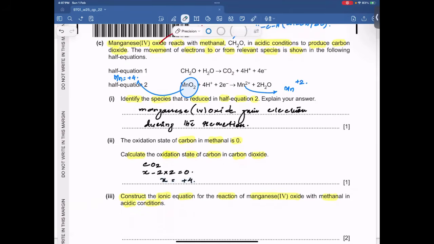We need to write both the equations. Let me write it down. Let me copy these two equations.